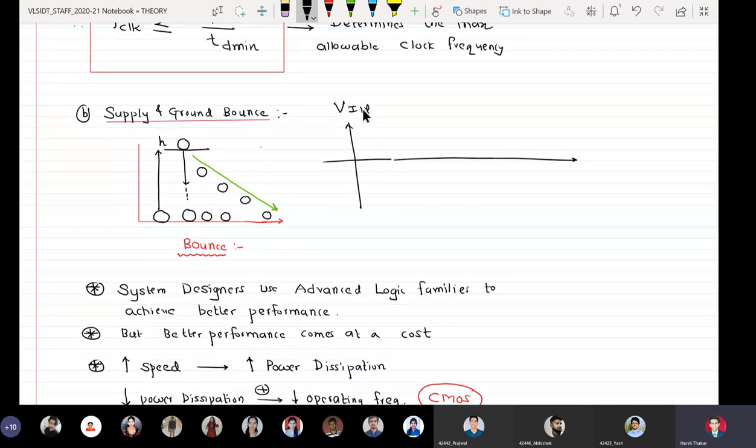if Vin is this and this is Vout, so if input is 0, okay, fine.